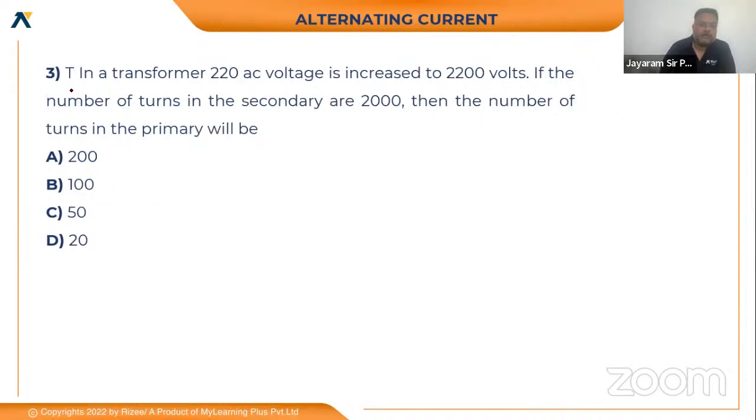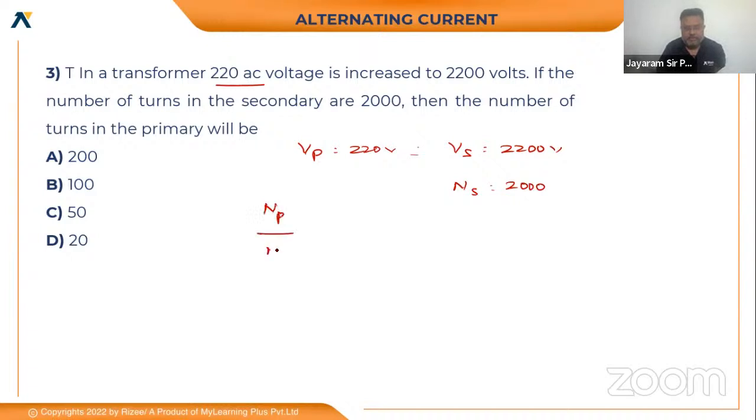So in a transformer, 200 volts AC, that means voltage in the primary is equal to 220 volts. Voltage in the secondary is equal to 2200 volts. If the number of turns in the secondary, that is NS, is equal to 2000, the number of turns in the primary: NP by NS is equal to VP by VS, directly proportional.